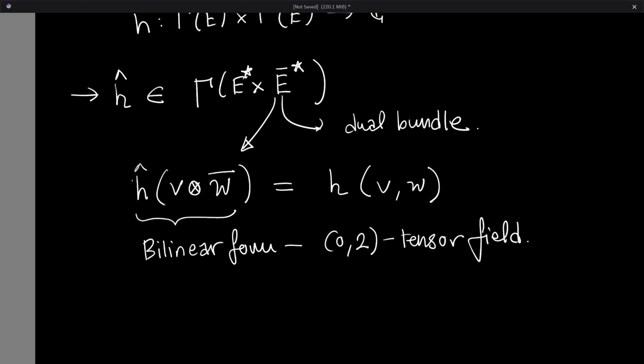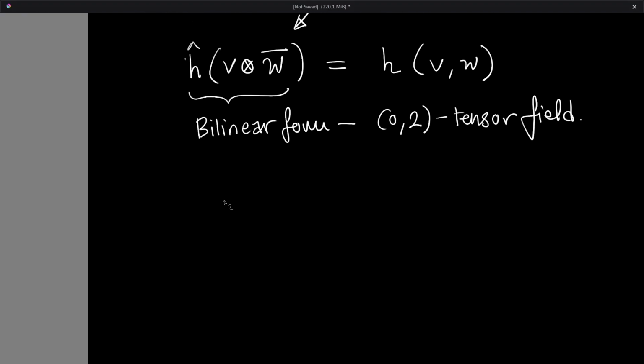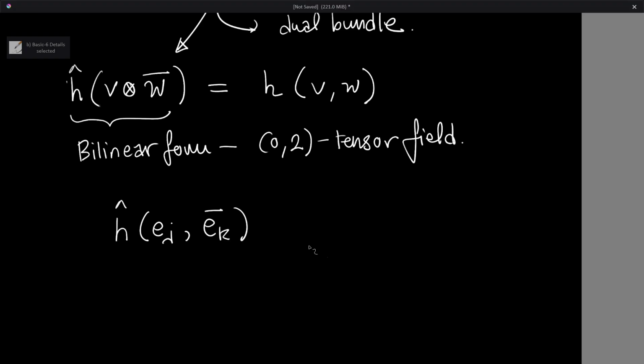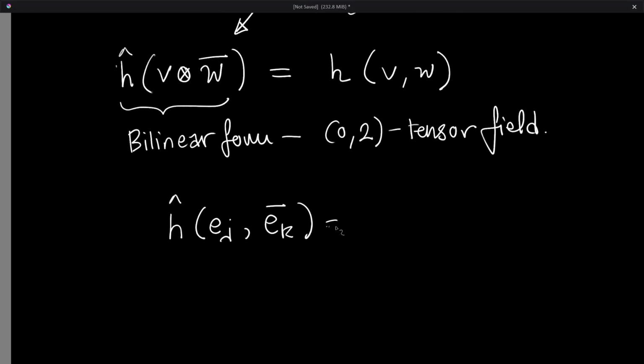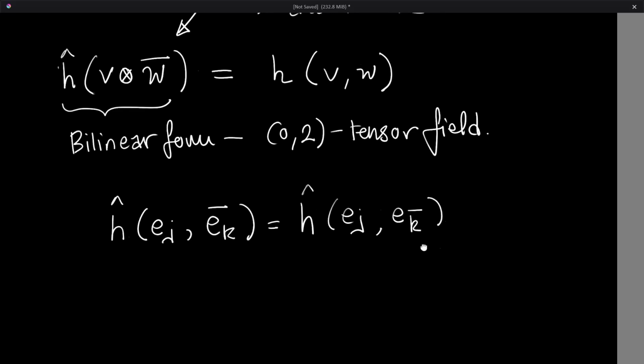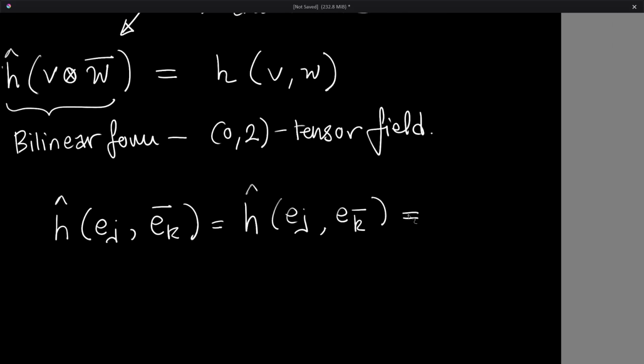So we just talked about, so there's a very similar kind of coordinate decomposition. The way we decompose this, I think it should be something like this. Yeah, E_K bar. So the way we denote that is E_J, E_K bar, and this is a number, right?